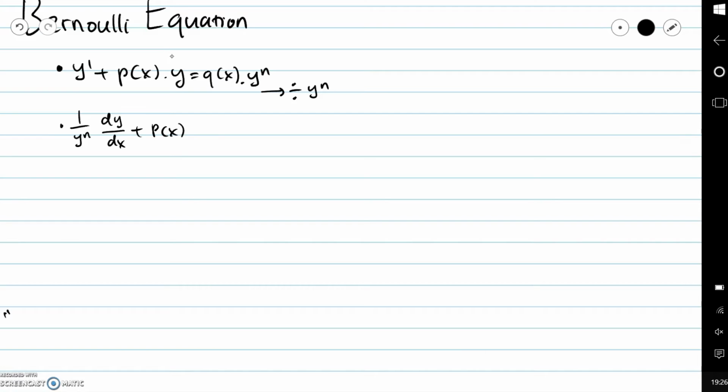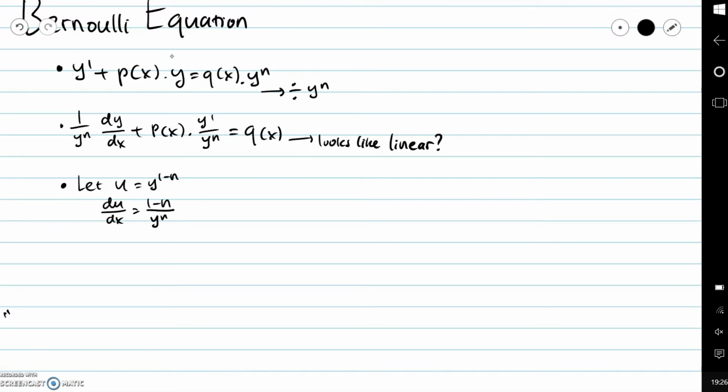The first step in solving the equation is to isolate the y prime. By doing so, we get the standard form, which pretty much looks like a linear equation. Then we let u equal y to the power of 1 minus n and calculate du over dx.